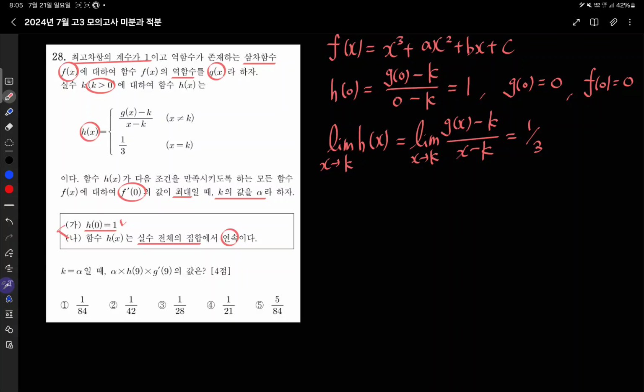For the limit value to exist, g of k is equal to k, and that means f of k is also equal to k.